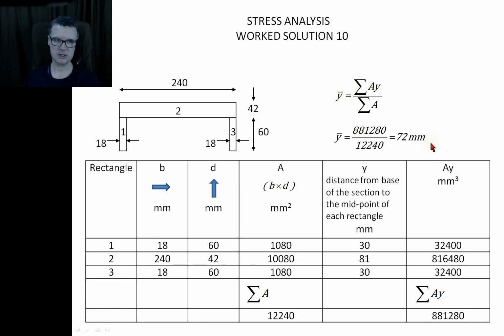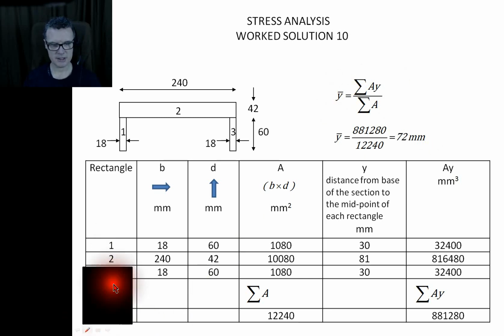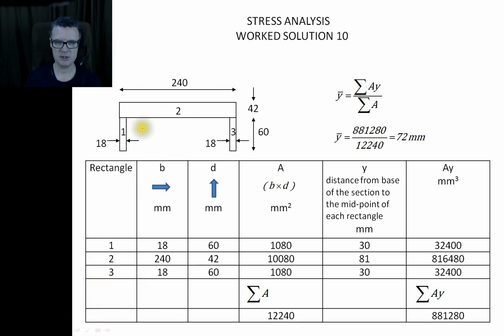So it's 72. It's always good practice to take your 72 and roughly imagine where that is. 72 would be about a quarter of this 240, so it would be about there for the neutral axis. Seems a sensible position for it to be.